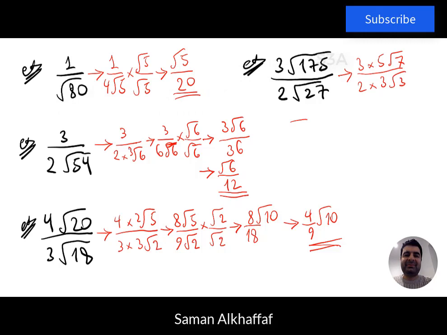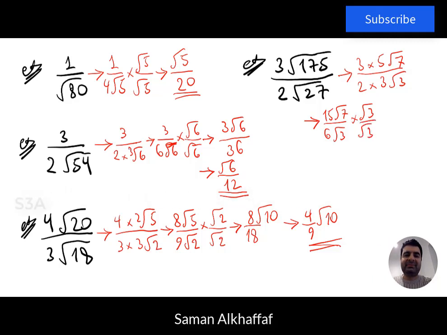Now to simplify this further, we would have 15 root 7 at the top. I'll just add this, we have more space. 15 root 7 over 6 root 3, and then we multiply by the conjugate, which is root 3 over root 3.